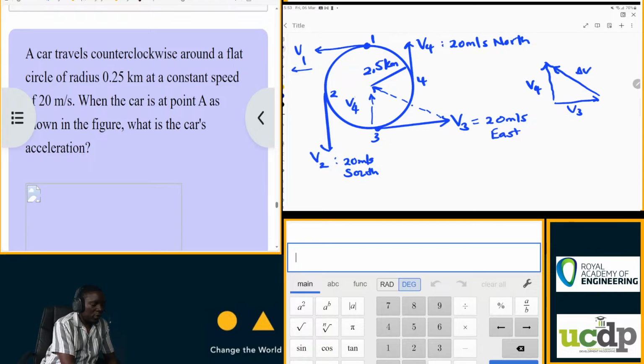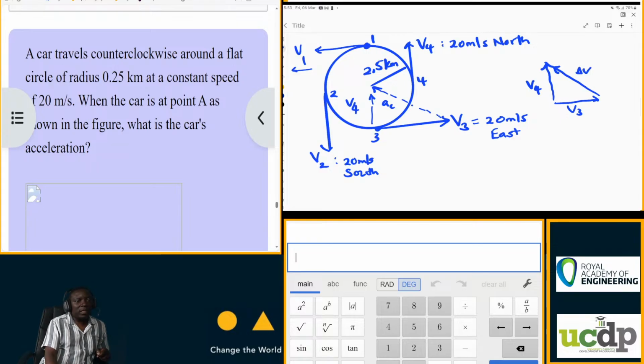So V4 is that, V3 is that, and this change in velocity is towards the center, and so the change in velocity over time becomes the acceleration. So the acceleration of a body that is moving around a circle is towards the center. So it's centripetal acceleration.